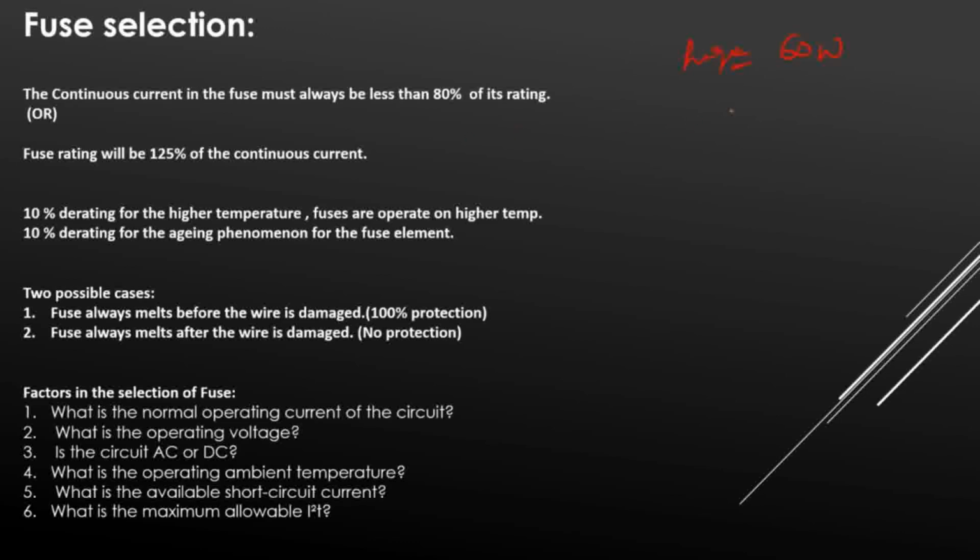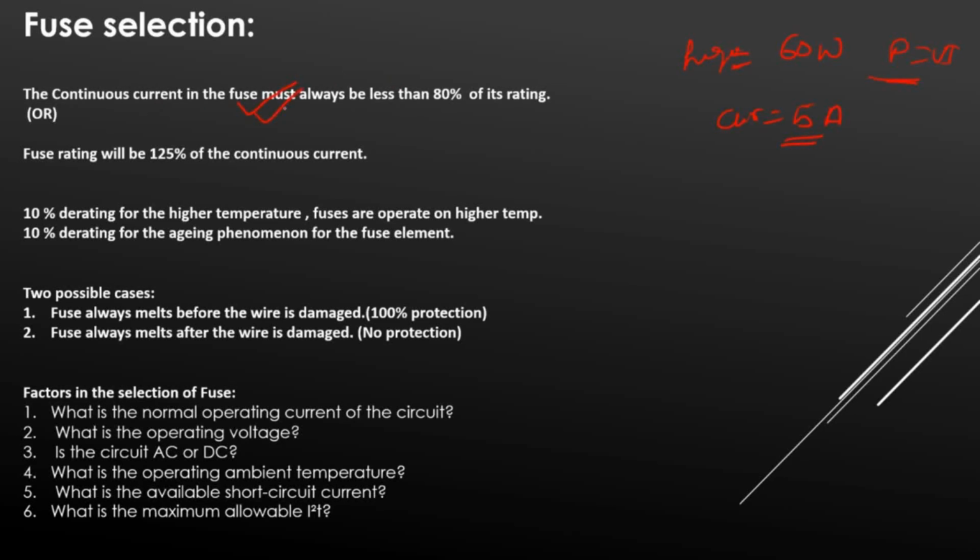The continuous current we got was 5 amps, the normal operating current. You can see the last video where I calculated this current. This is nothing but P equals VI.